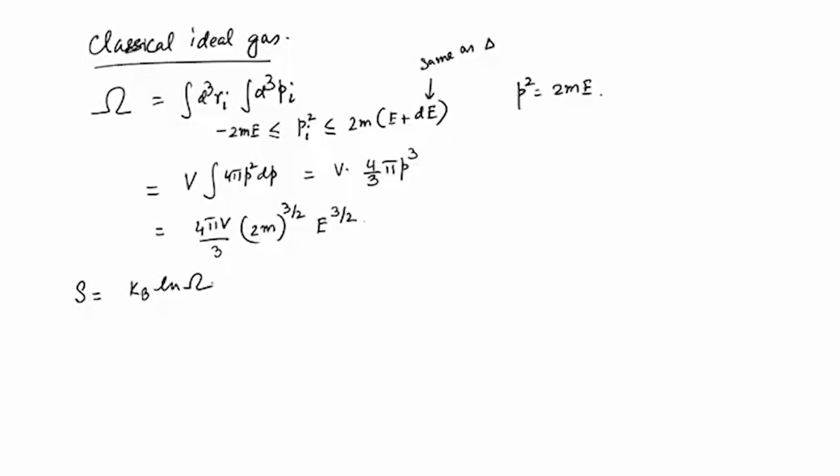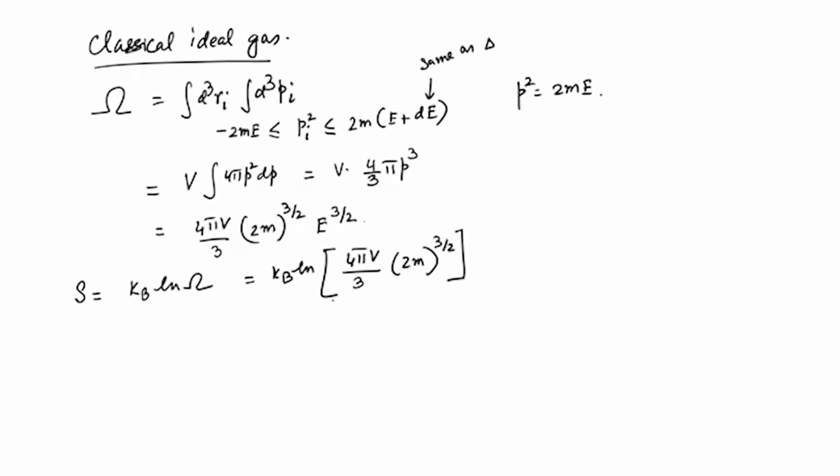And from there we can calculate the entropy, which is nothing but k log omega. Omega is the number of microstates; you take a log of that and then multiply it by k. This gives you k and a log of all these, 4 pi V divided by 3 and 2m to the power 3 by 2.